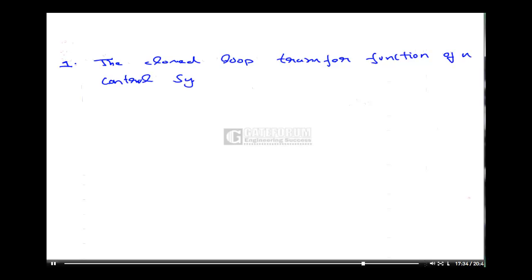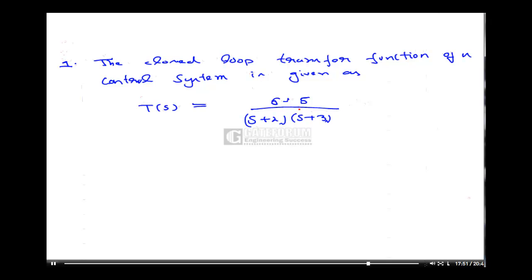In this, a closed loop transfer function of a control system is given as T(s) equal to (s minus 5) upon (s plus 2)(s plus 3). Then 4 options are given and we have to choose the correct one.